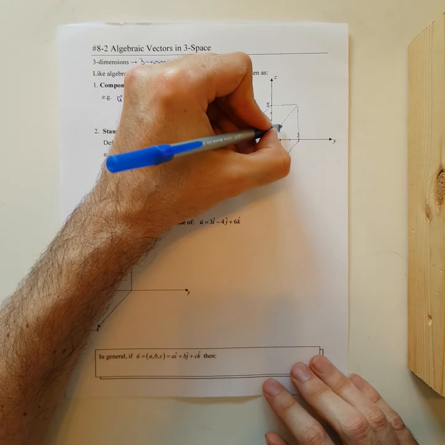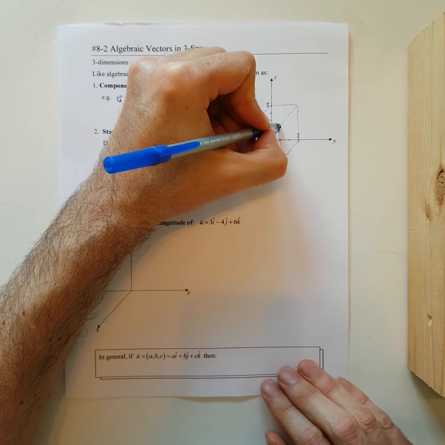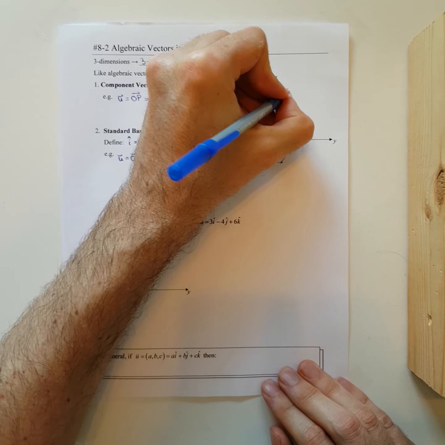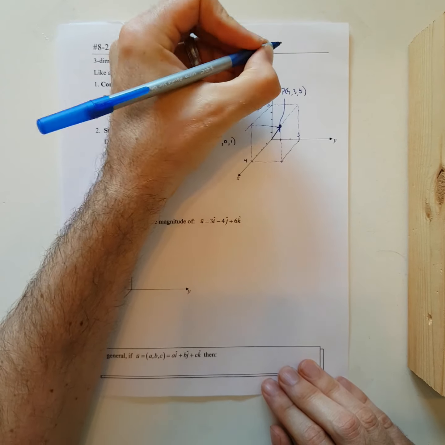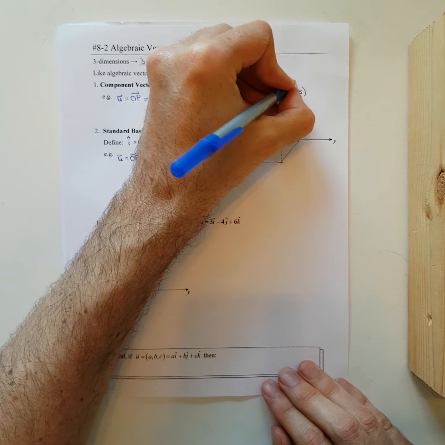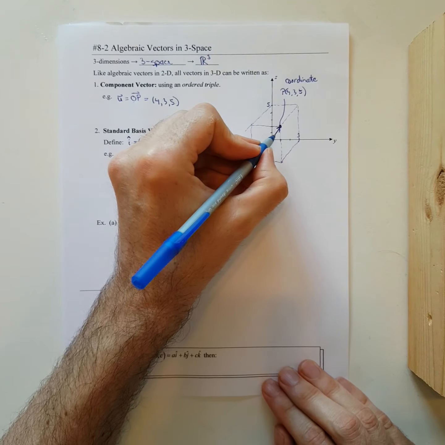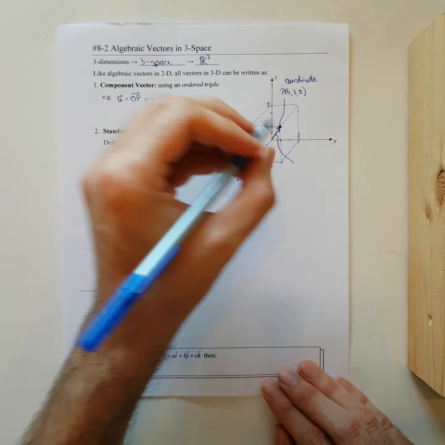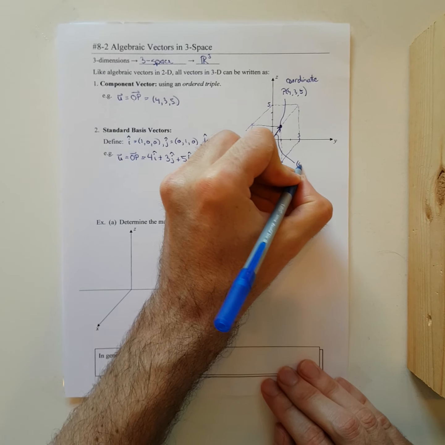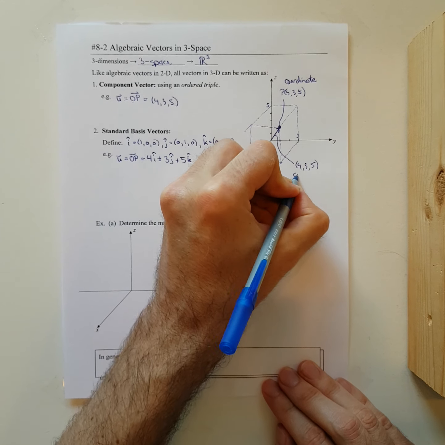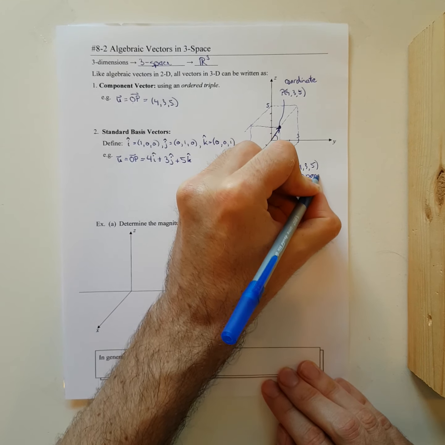Again, the idea is that I have this point here, which would have the coordinates 4, 3, 5. Remember that these are called coordinates when I draw this as a point. But as a vector, I could also write this as 4, 3, 5, and these would now be its components of the vector.